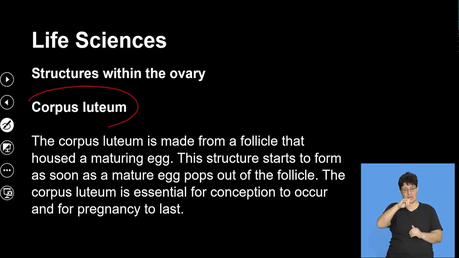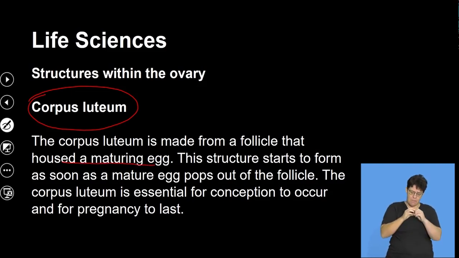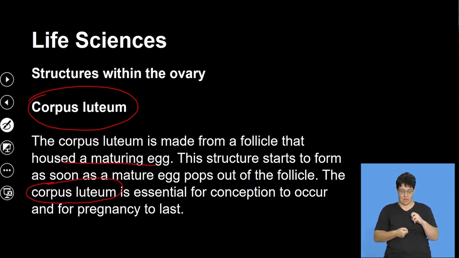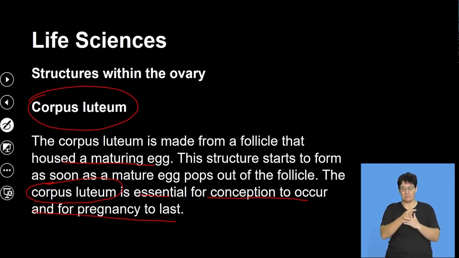The follicle houses the mature egg, and once that egg has been released from the Graafian follicle, what is left is the corpus luteum. This is the structure that is essential for conception to occur and to maintain pregnancy, because it produces an important hormone called progesterone.